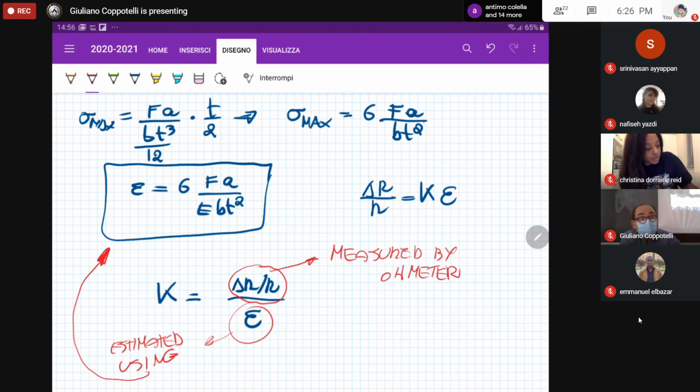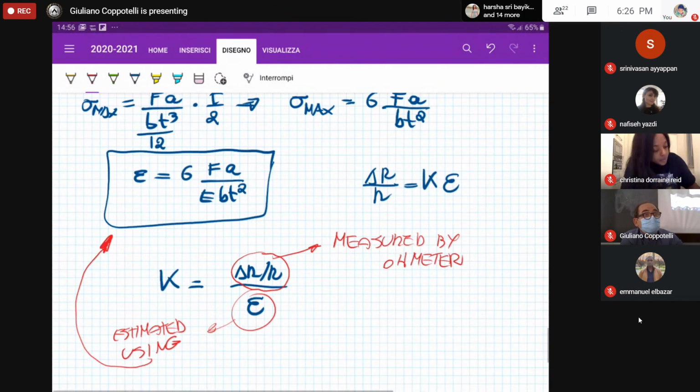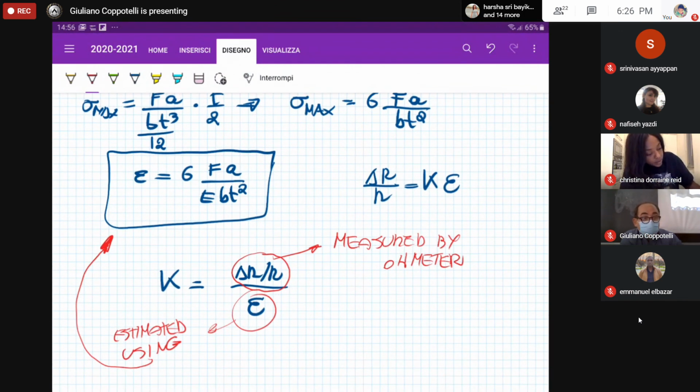Okay, so if you want to set up your own strain gauge company, trying to sell your strain gauge all over the world, then you have to introduce specific tests so that you can provide your strain gauge with the corresponding strain gauge factor.